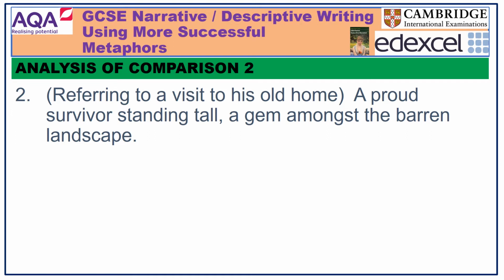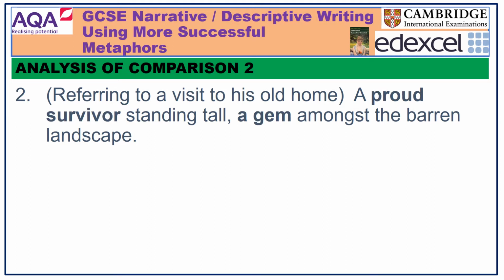There are two metaphors in this sentence: a proud survivor and a gem. The first metaphor implies that around the house there may have been difficulties and conflict. Perhaps other nearby houses have been knocked down or fallen into disrepair, making the fact that this house is still standing more powerful and impressive.